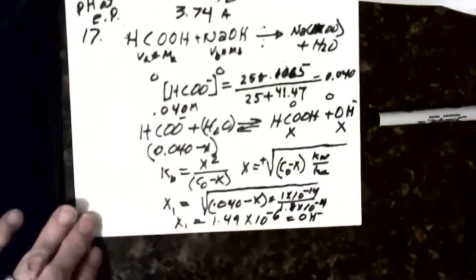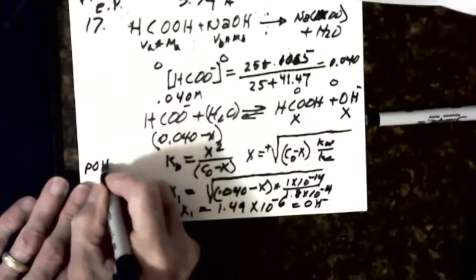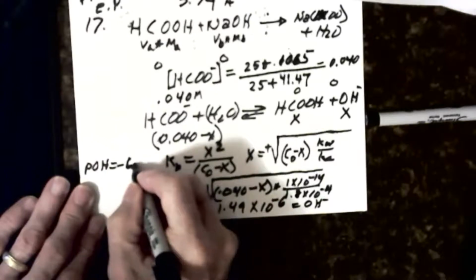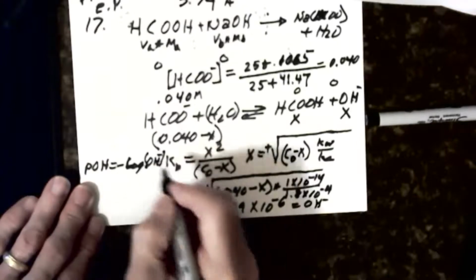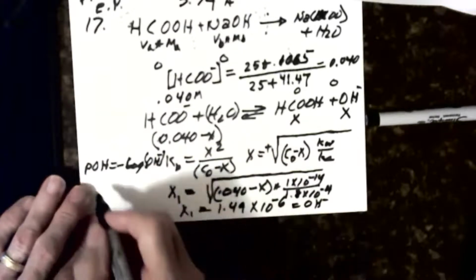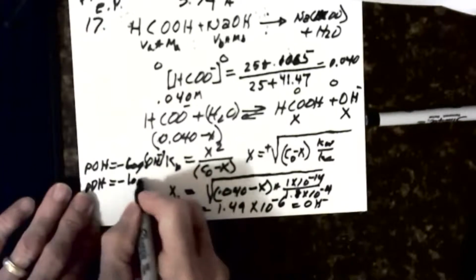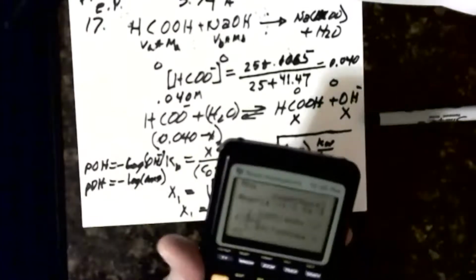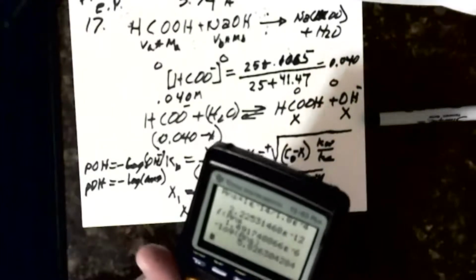So all I got to do now is the POH, which is minus the log of the OH minus. And that's going to be my answer on my screen. So POH is minus log of my answer. So if I do minus log of the answer, I get 5.83.